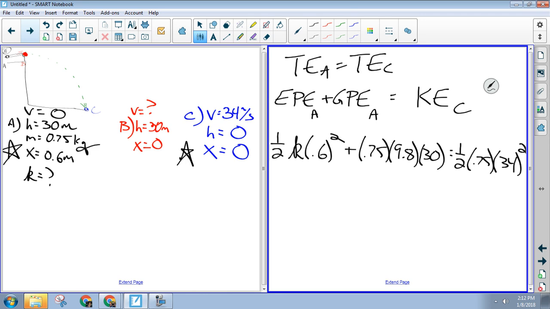Don't forget to square it and solve for K. And it gives you, what is it, 1183? Is that right? Cool. Any problems, you guys?